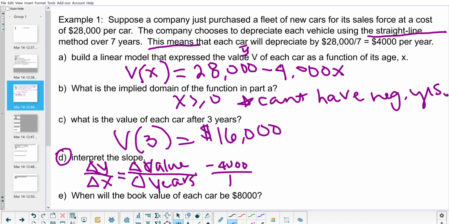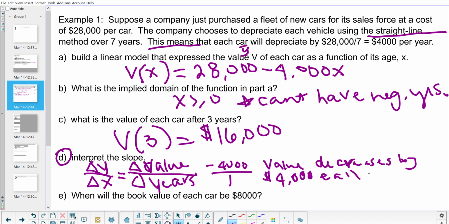So that means you're going to write a nice sentence for interpreting the slope. Value decreases by $4,000 each year. There you go.